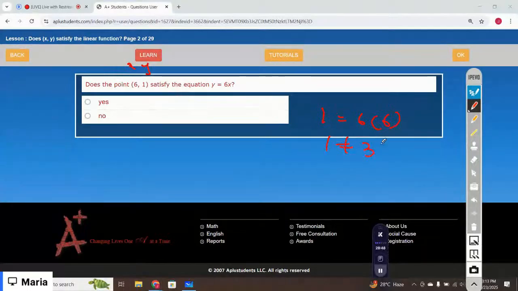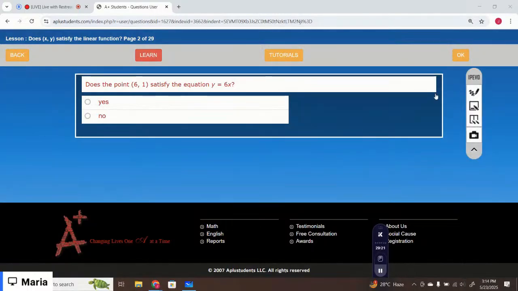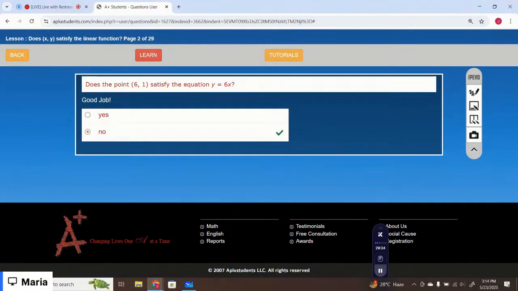So 1 is not equal to 36, which means the point does not satisfy the equation. The correct option is no.